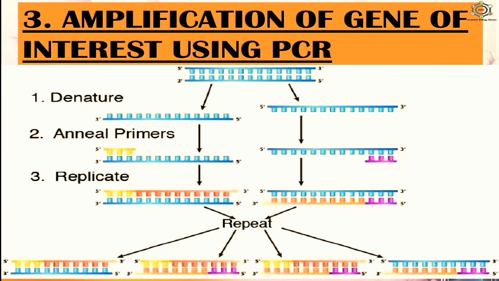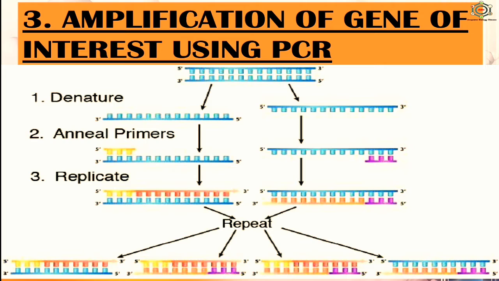Now here you can see the working mechanism of PCR. There are three steps in the mechanism of PCR: denature, anneal primers and replicate. First of all, the target DNA, that is the DNA segment to be amplified, is heated to a high temperature, that is 94 degrees Celsius.